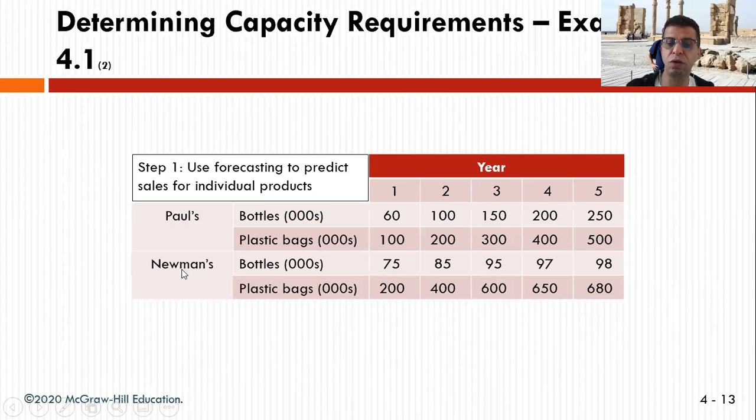And for Newman's, we need 75,000 bottles to be produced, and 200,000 plastic. That's in the first year. So already we have the sales predictions coming from the sales department. It's clear how much is demanded, and we already know about our factory, how much it can produce.